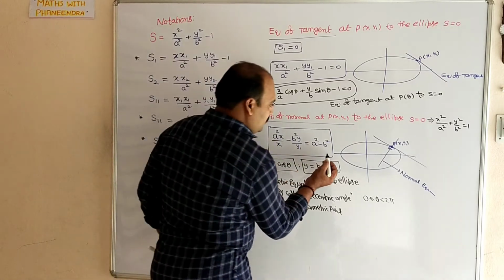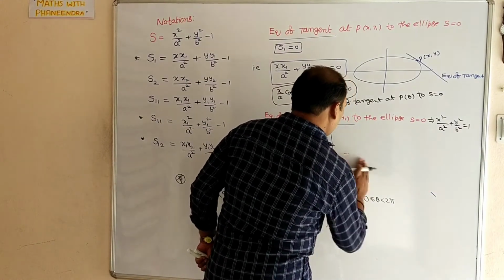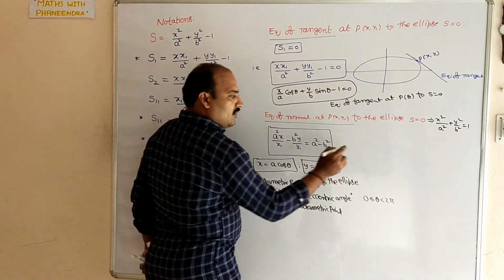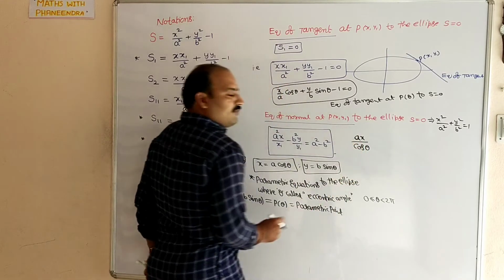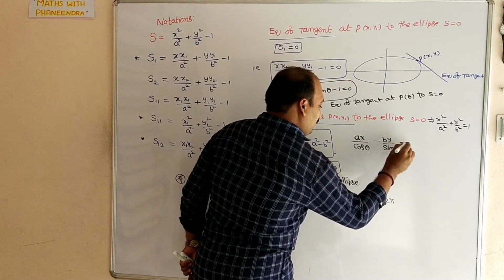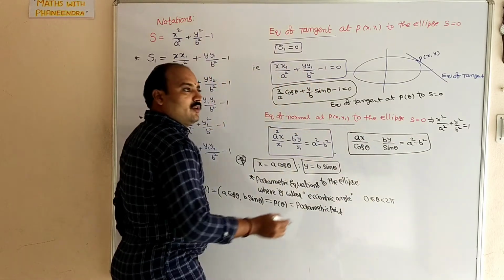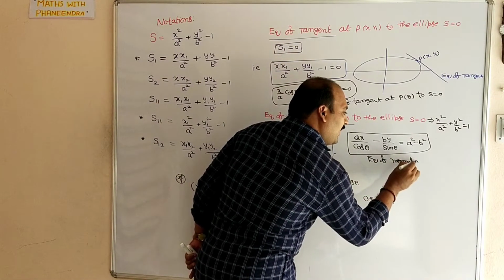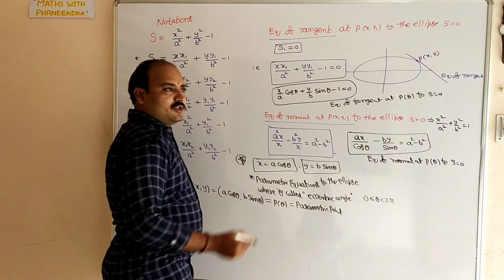So this equation, here I will write it, equation of normal, based on the convenience: ax by cos theta minus by y sin theta is equal to a square minus b square. This is called the equation of normal at p of theta to the ellipse S equal to 0.